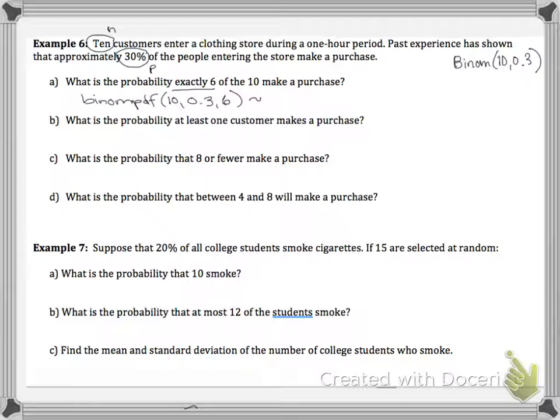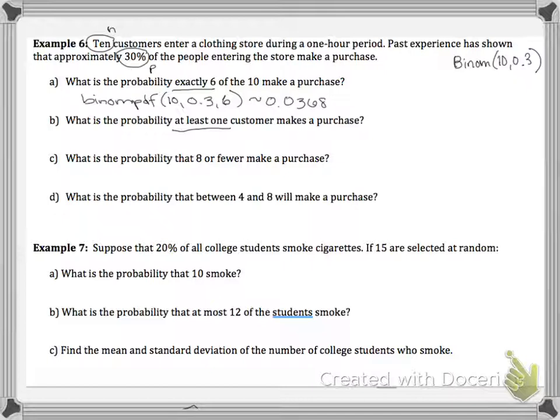But if we have an older calculator, then it's going to be entered exactly like I wrote, and we enter it and we get our answer 0.0368.